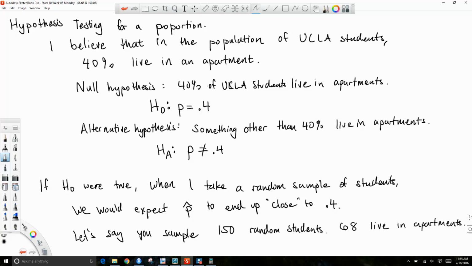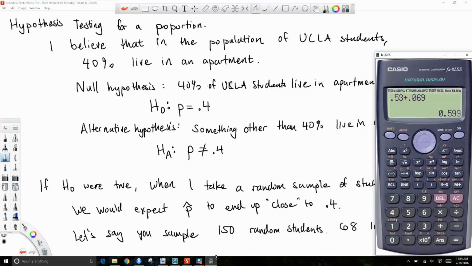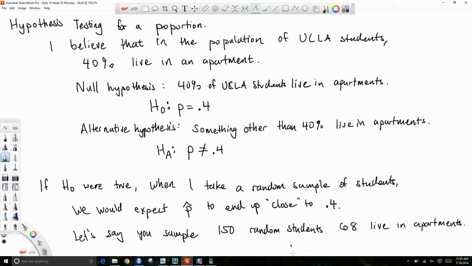I'm making these numbers up, all right? So what is 68 divided by 150? It is 0.453. So p hat is equal to 0.4533.